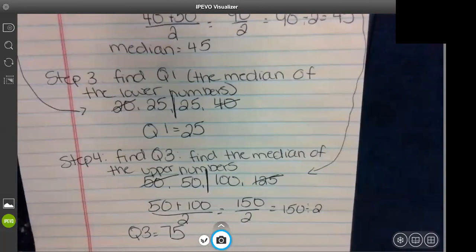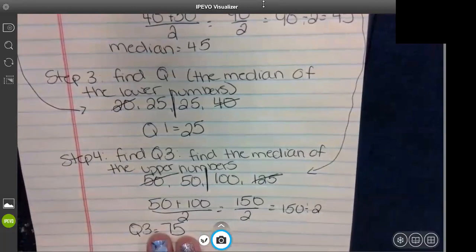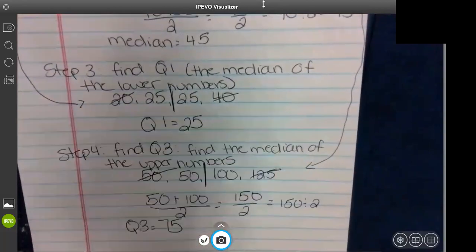Okay. The last step of this will be to find your interquartile range, which will be subtracting Q1 from Q3.